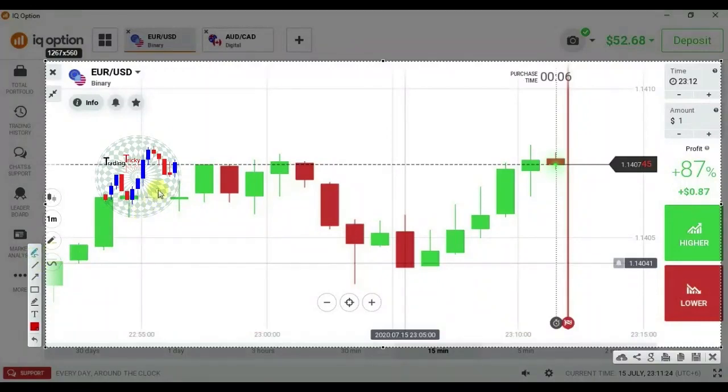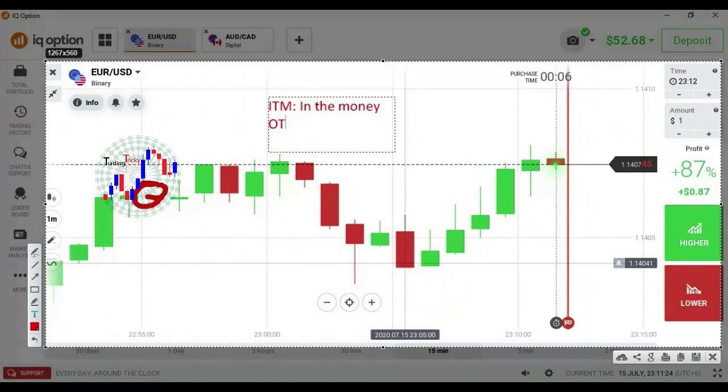For example, you have placed a higher option here and the candle closes as a doji. It means the candle closes at the level where you opened your trade. You will still be ITM, meaning in the money. Okay, and if this is a digital option and the candle closes at the level where your trade was opened, there will be no ITM.